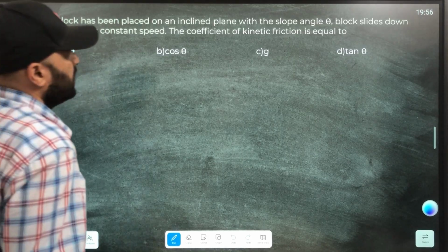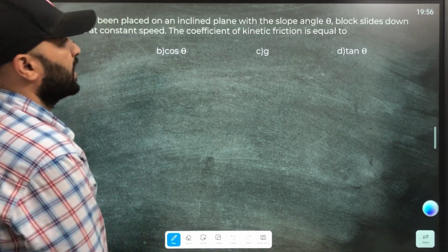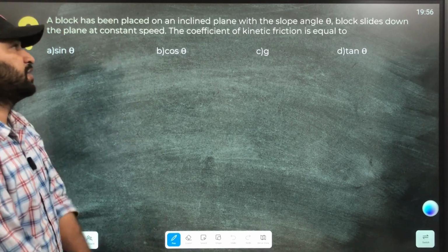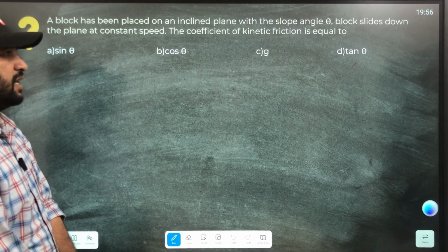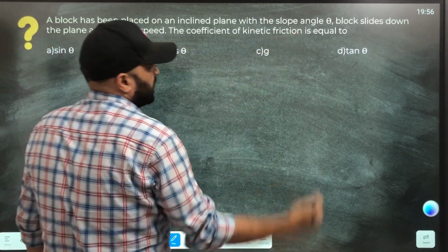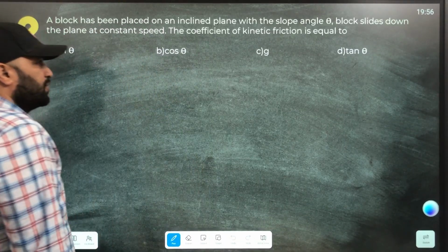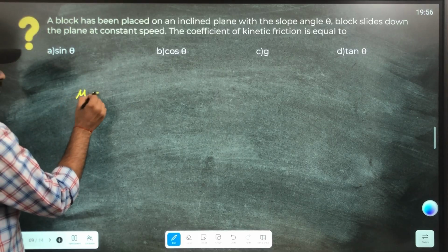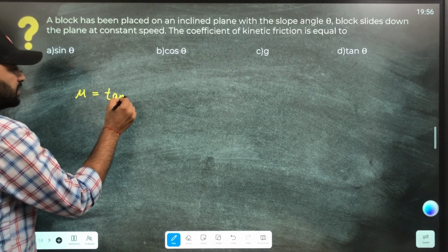Our next question says a block has been placed on an inclined plane with slope angle theta. The block slides down the plane at a constant speed. If it is moving with a constant speed, it is obvious that the resultant force is 0. In that case, the coefficient of kinetic friction, we will straight away say that mu equals tan theta.